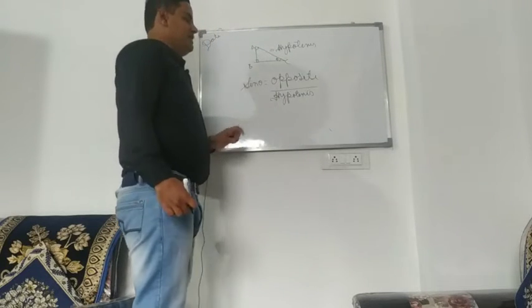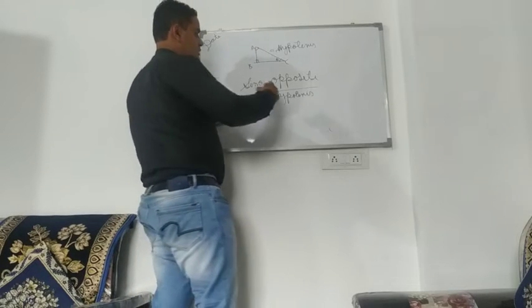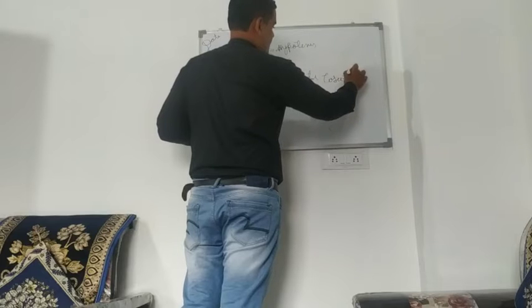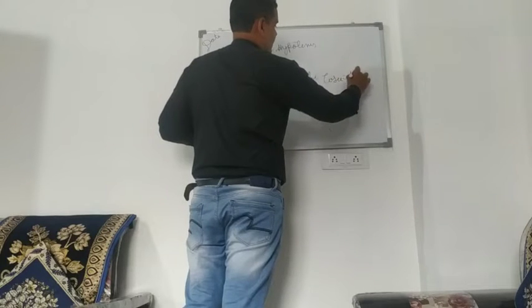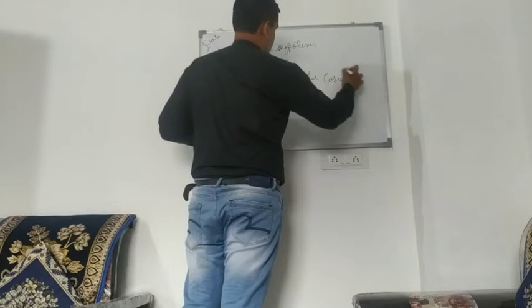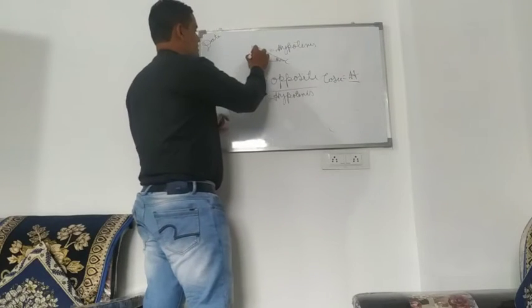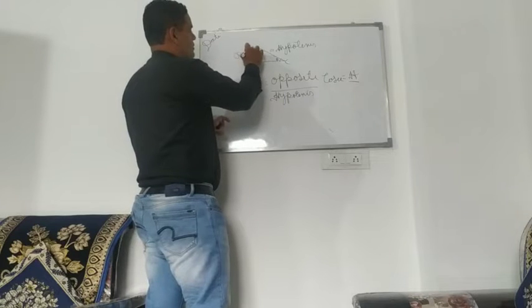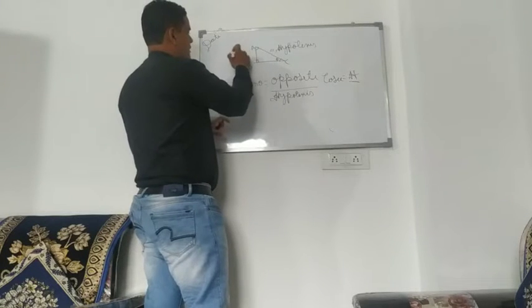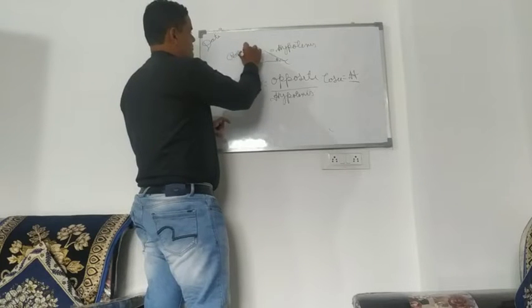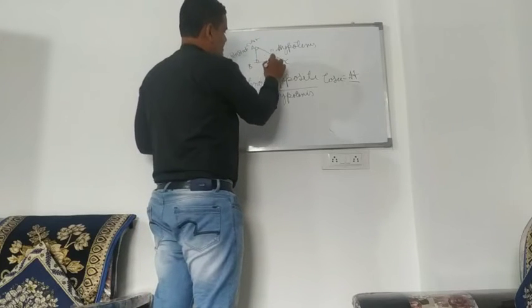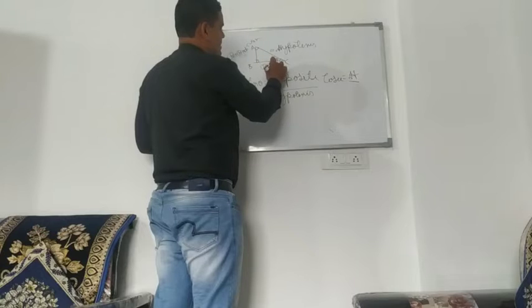So what is cosec? It is the opposite of sine. The hypotenuse I write as H. The opposite of theta is called perpendicular, and the adjacent of theta is called base.